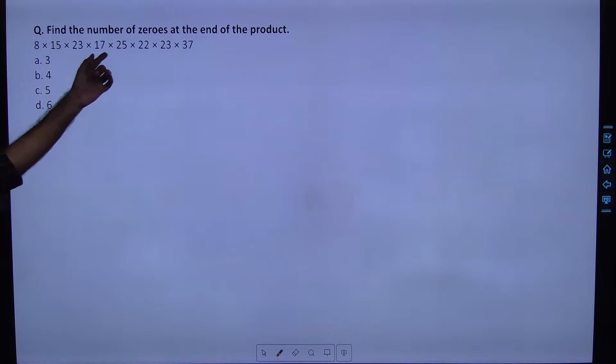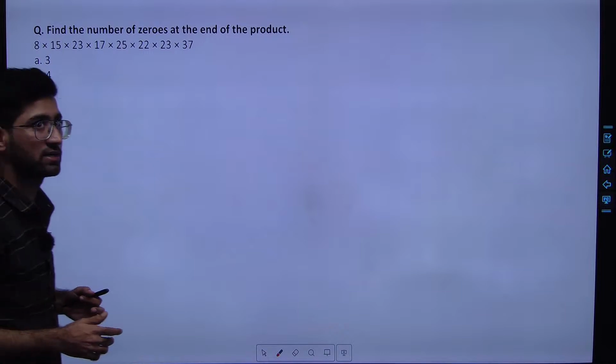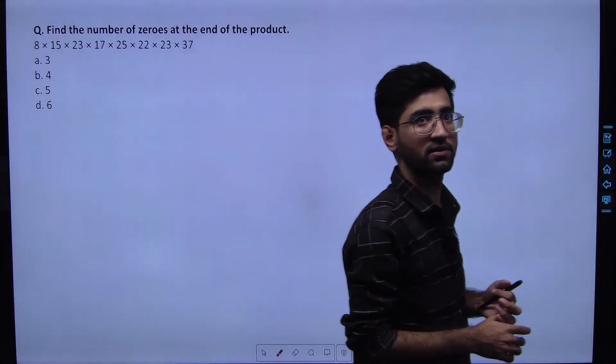You can write 25 as 5 to the power 2. You can write 22 as 2 to the power 1 into 11 to the power 1. And then you will look at the power of 2 and 5.